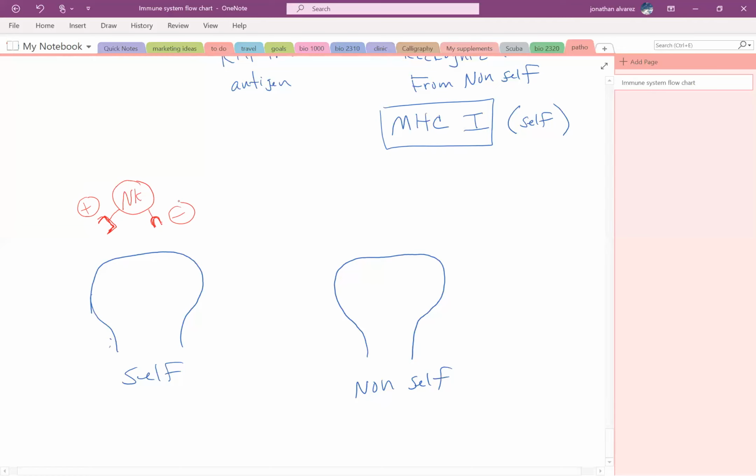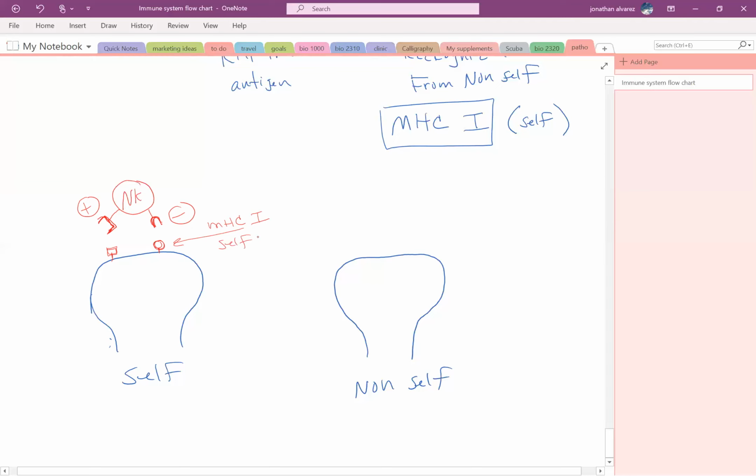Okay, tissue has those surface protein markers. Okay, so tissue has these surface protein markers, and this marker would be considered major histocompatibility class 1, which means self.